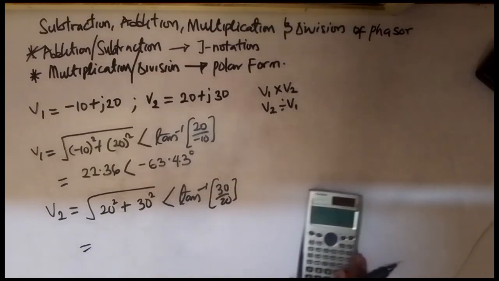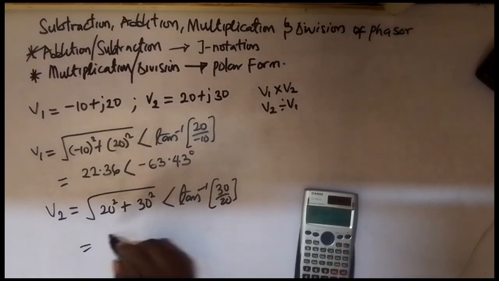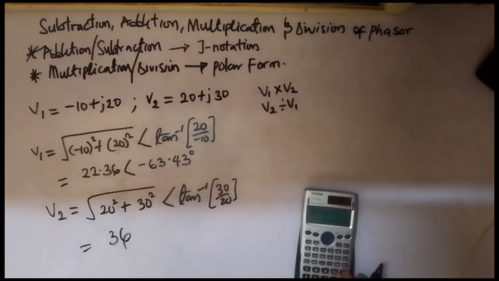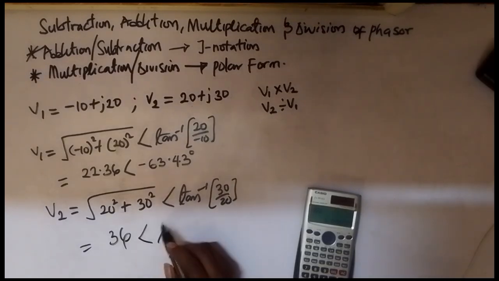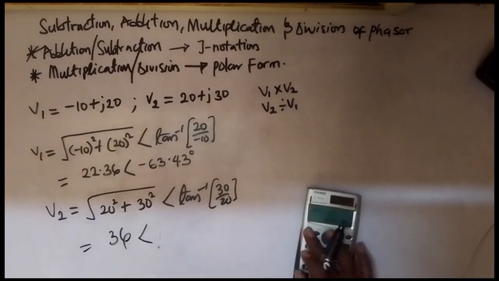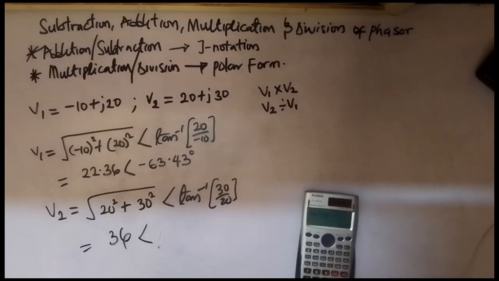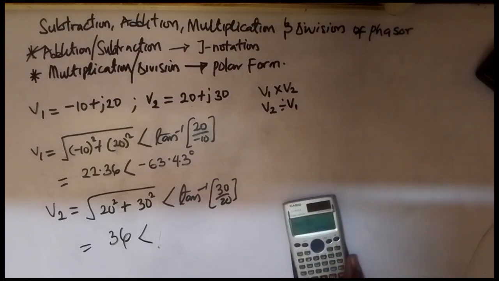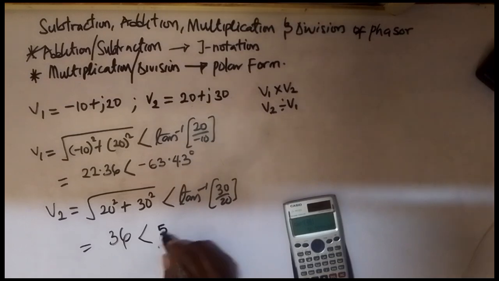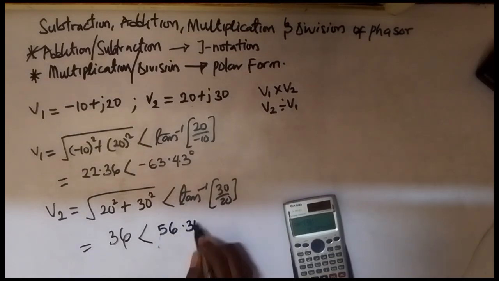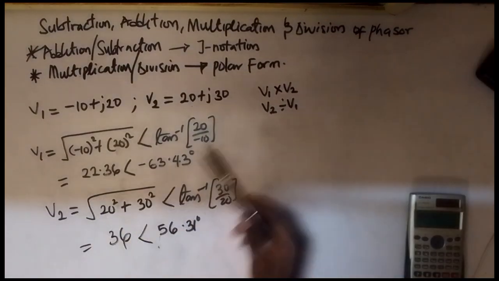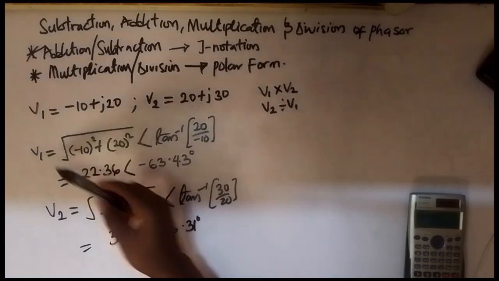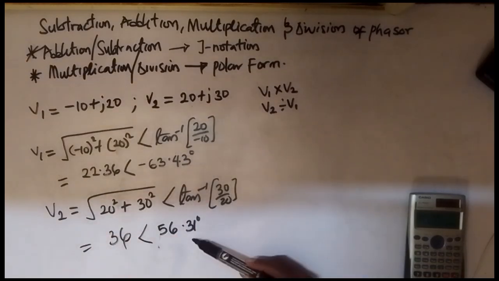This should give us the value of 36 at an angle of 56.31 degrees. So now that we have our phasors converted to polar form, V1 is now in polar form and V2 is in polar form.